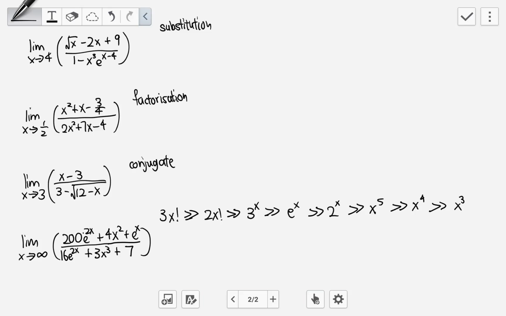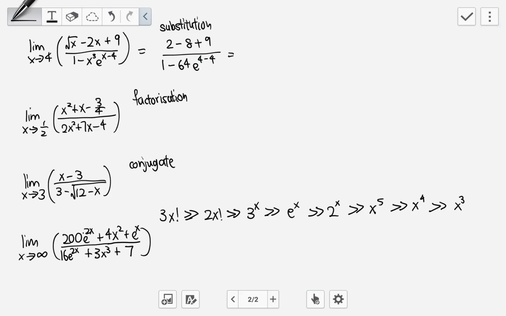This type is the easiest. When we substitute inside, we get 4 square root 4 is just 2 minus 8, 2 times 4, 8, plus 9, over 1 minus 4 to the 4, 16, 16 times 4, 64, and e to the 4 minus 4.